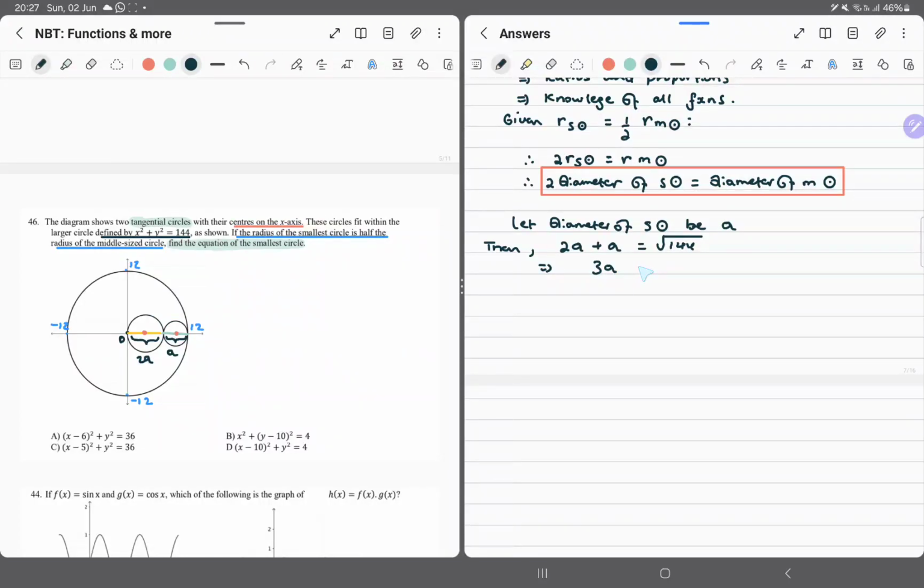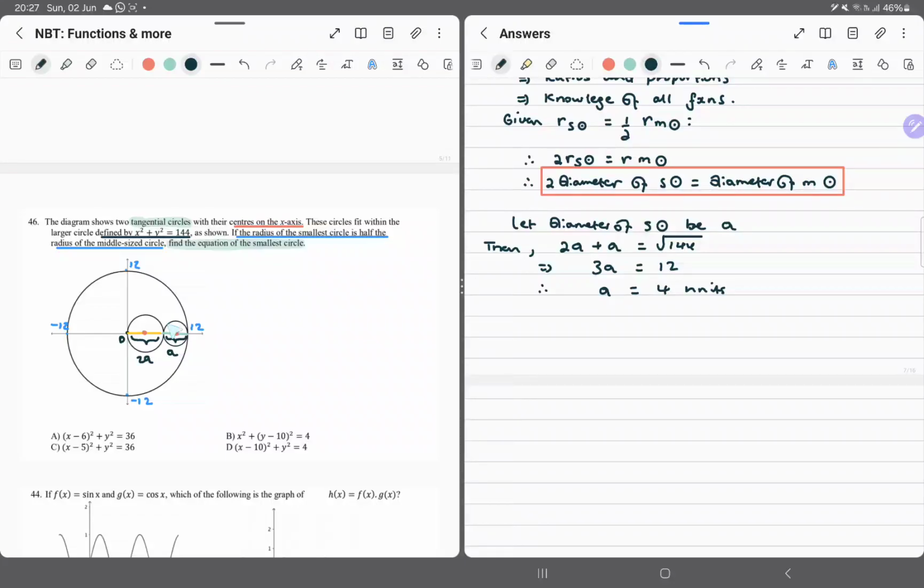This implies that 3A is equal to 12. Therefore, A is 4 units. Can you see? We found the diameter of this circle.